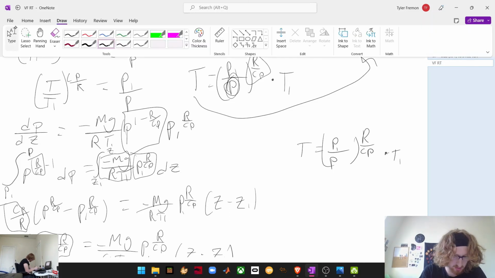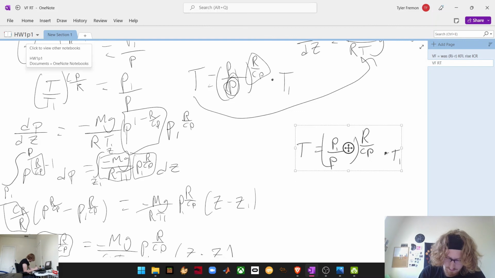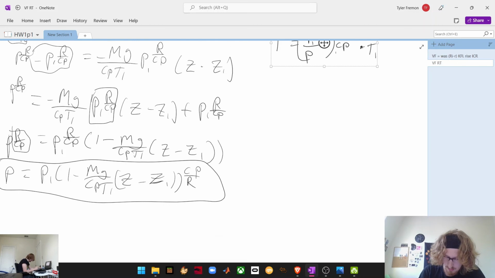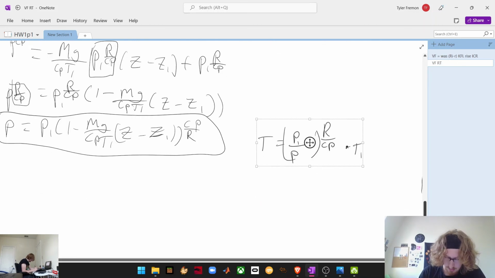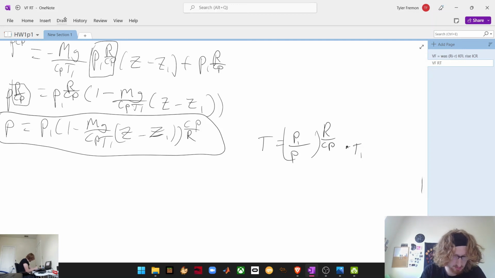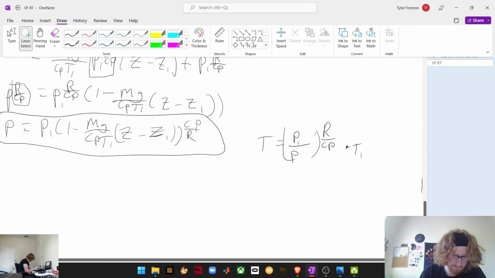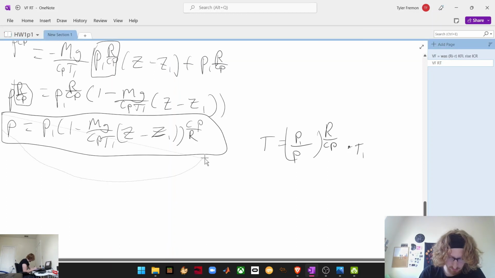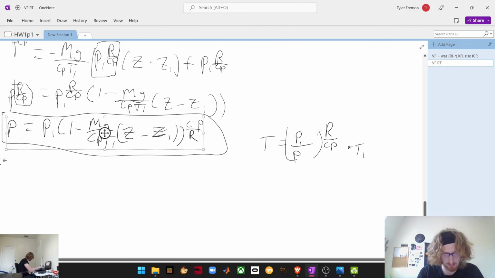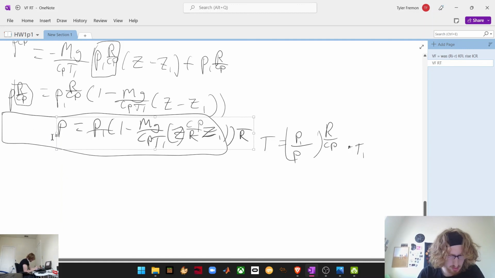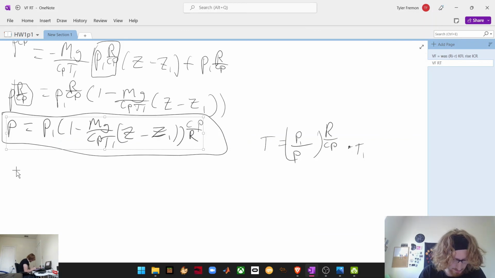We'll go ahead and drag that down here. So we just have to substitute this equation in for pressure, and you know what? Let me copy this so I can mark it without ruining our beautiful equation here.